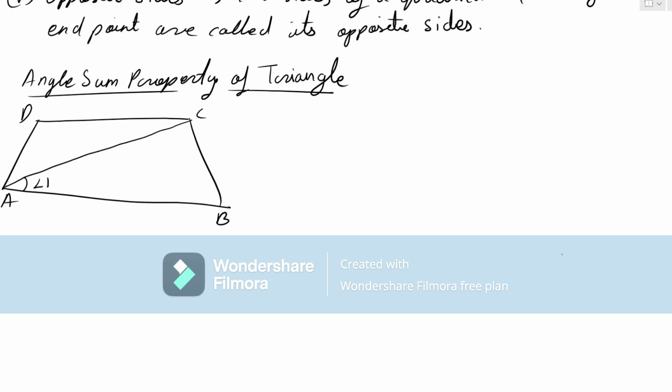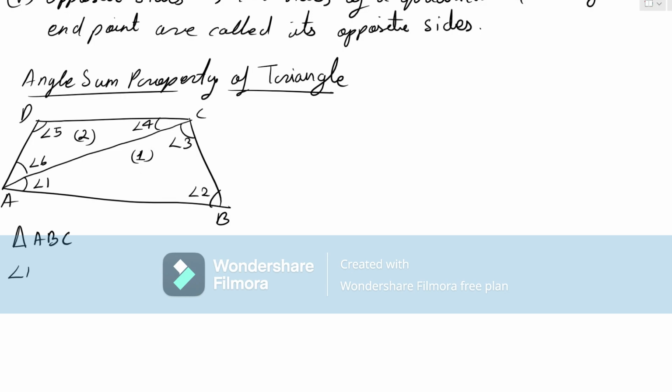This is angle 1, this is angle 2, angle 3, angle 4, angle 5 and angle 6. So let's name this triangle 1 and this one as 2. Or you can also name it triangle ABC, your choice.